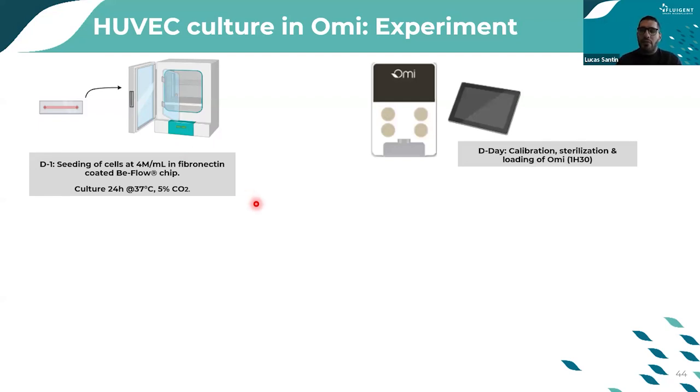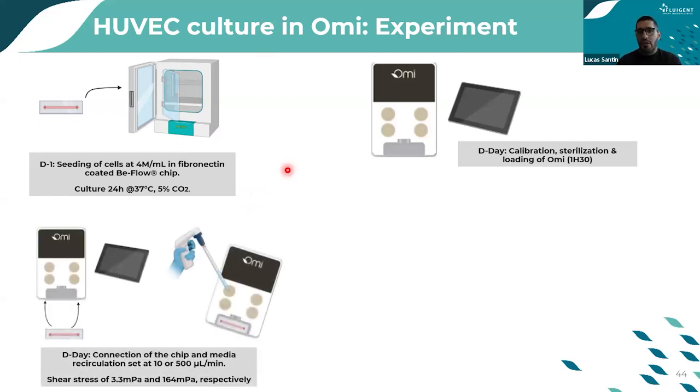On the D-Day, we will start by preparing OMI, doing a calibration, a sterilization, and a loading of the culture medium that we're going to use in the experiment. This will allow removing any air bubbles from the fluidic line inside the OMI. Then we will connect the chip and set the flow rate that we want. That's where the protocol differs from the gut-on-chip model, apart from the biological parameters.